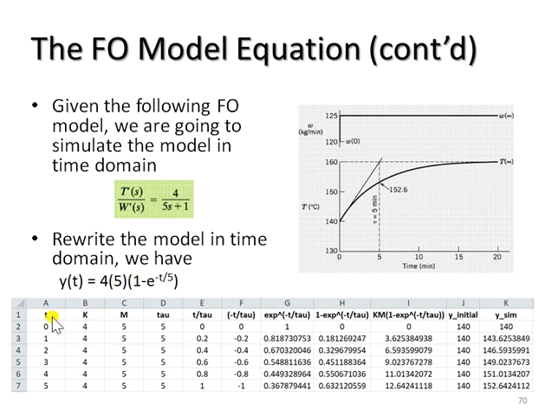So we have t here, divide by 5, we have tau over here, t over tau here, and then we minus that value, and then we exponential the value, and then we include the 1 minus exponential, and then we multiply this value with k here and m.